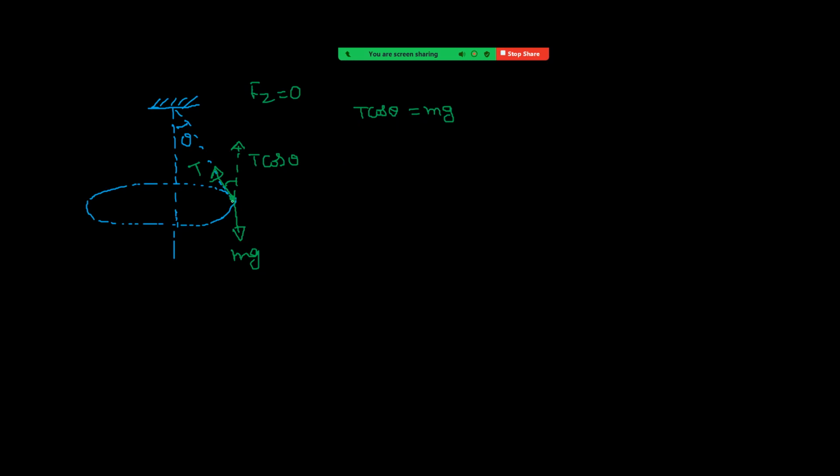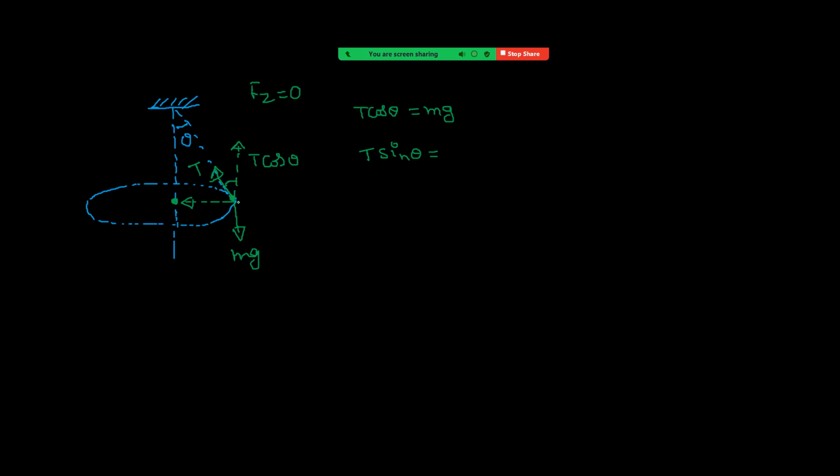Next, the remaining component of tension provides now centripetal force. Remember, this is now center of the circle, right? Therefore, centripetal force is T sine theta, one component of tension provides centripetal force. Or we can say the same thing like that, it is resultant of tension and gravitational force providing centripetal force.